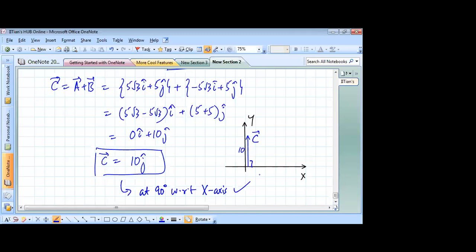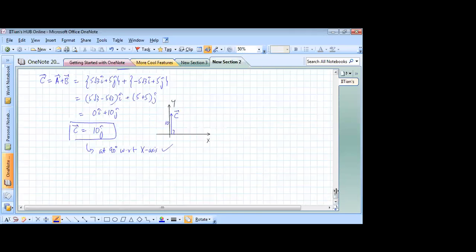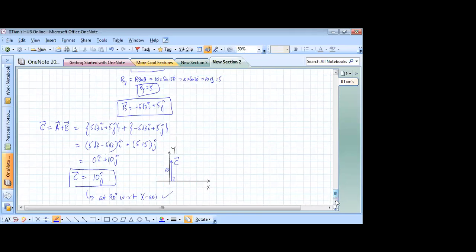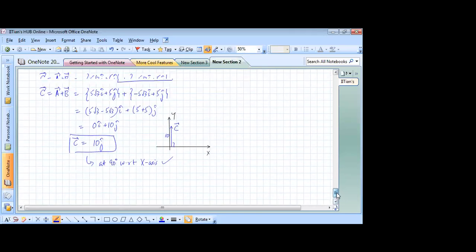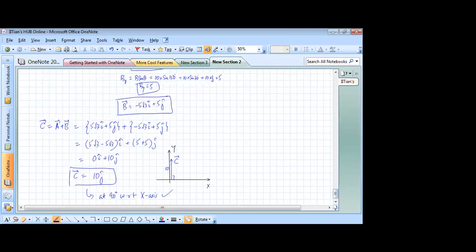Okay, so that's the 7th question. Just zooming out, giving you a minute to go through this. After finding b in component form, we added a plus b to find c.